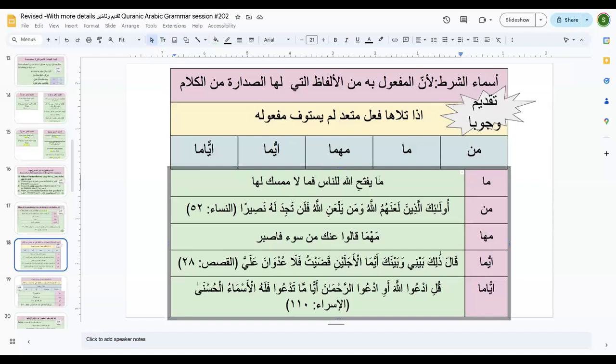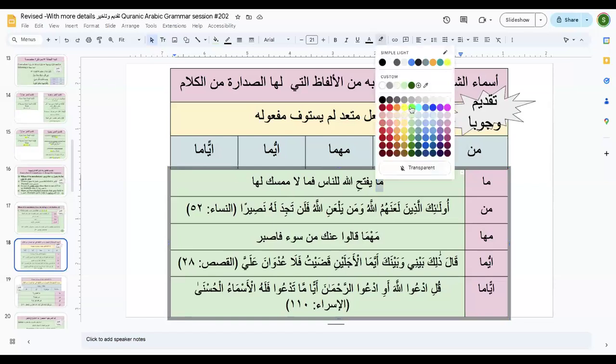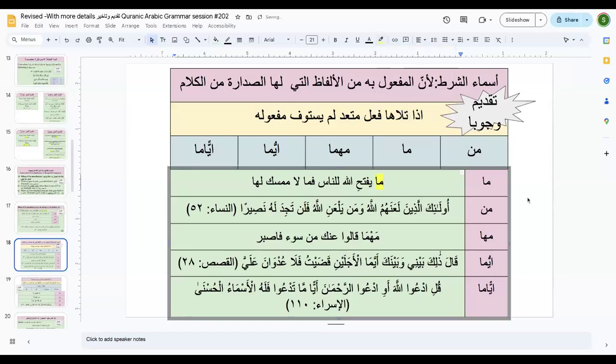Ma is coming in the position of maf'ul bihi, doing the job of maf'ul bihi. And it has been made muqaddam because it is a word for which there is sidara, as-sidara min al-kalam.